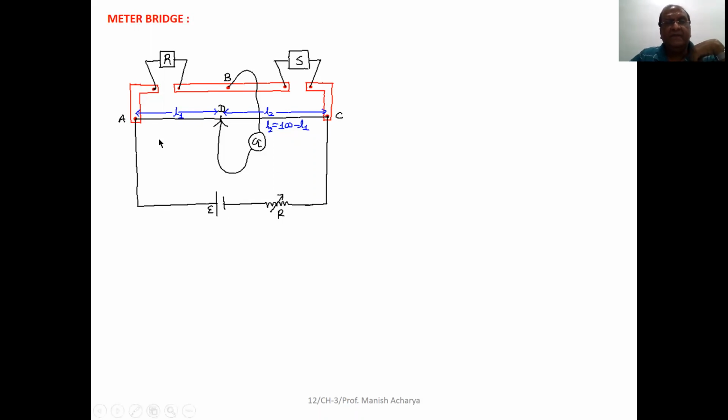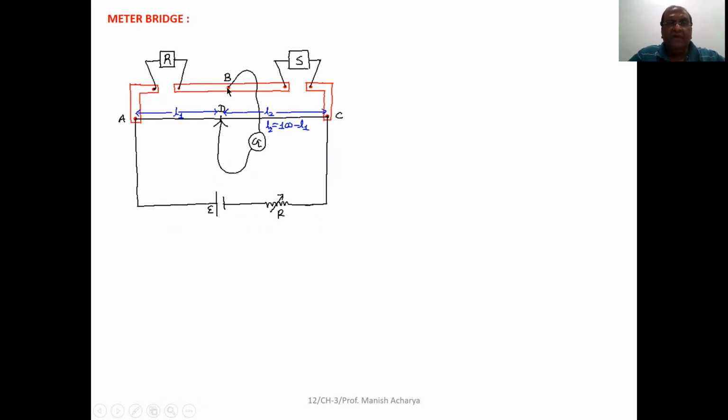Now see, in one gap we connect the resistor R. In theory, we used 4 resistors. So this resistor R will behave as resistor R2 in the theoretical circuit. The resistance S connected in the second gap of the meter bridge behaves as resistance R4.